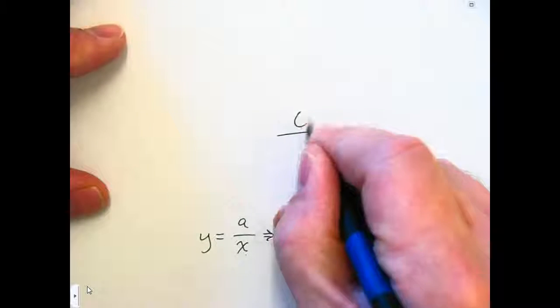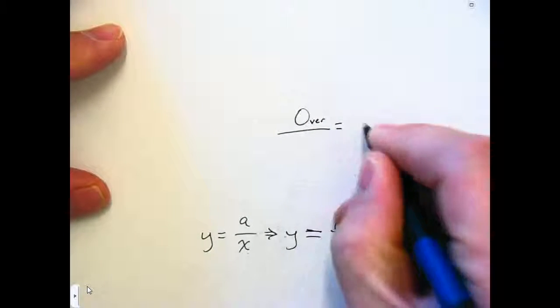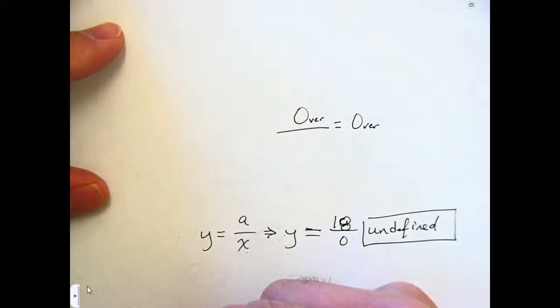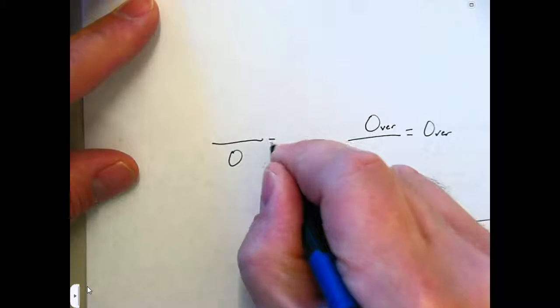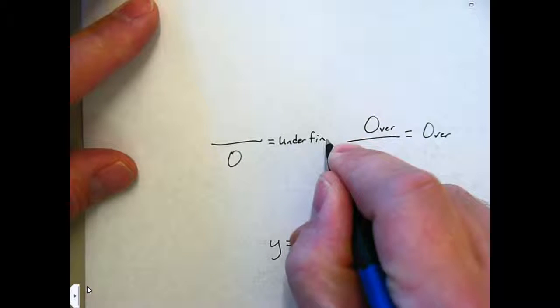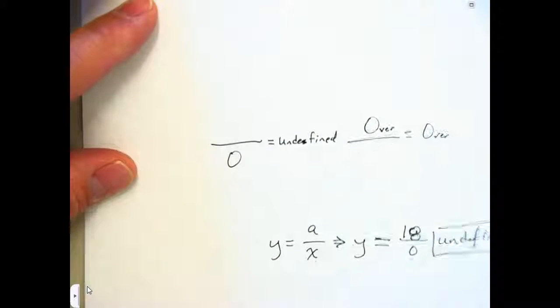Is it undefined? If 0 is over the fraction bar, the answer is 0. If 0 is under the fraction bar, the answer is undefined.